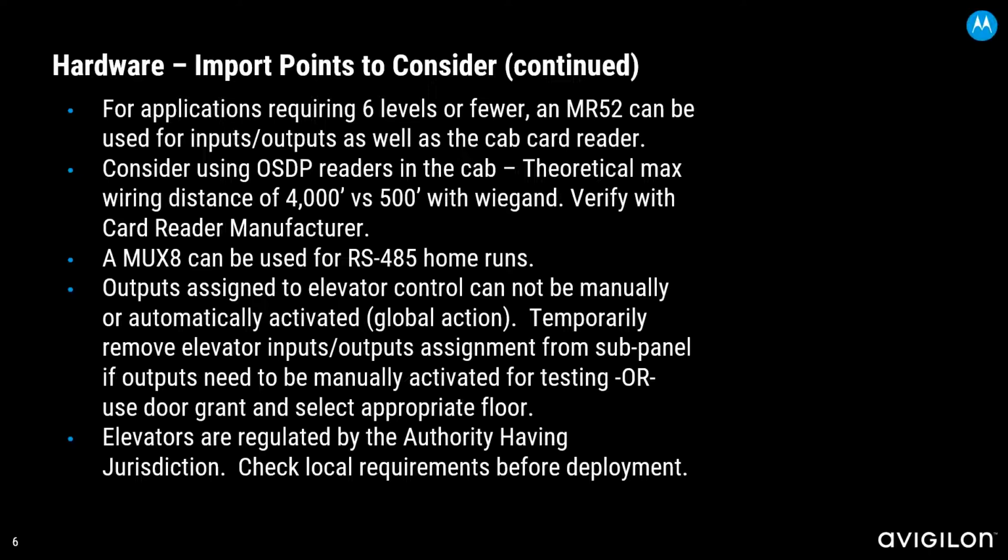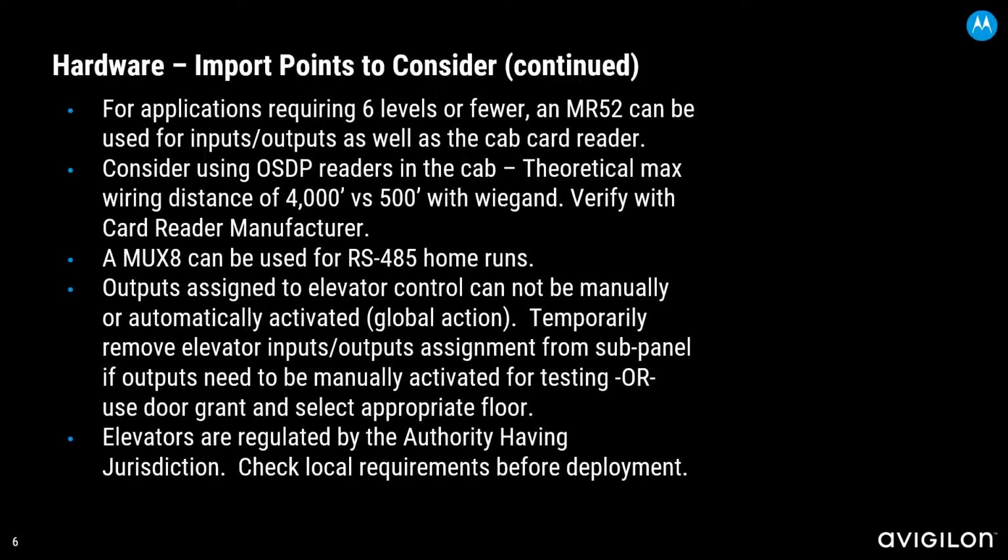Something else to consider too is the MUX8 device, which is a multiplexer. If you are doing one controller for maybe a bank of elevators, and maybe your strategy is you want to put an MR50, a single door controller, in the cab, to physically loop from one cab over to the other would be very difficult, and you would probably hit your 4,000 max on cable length very quickly.